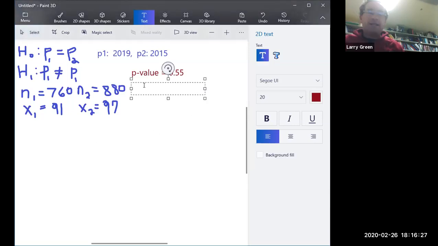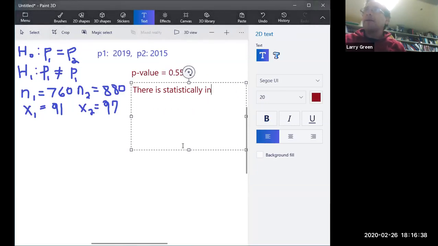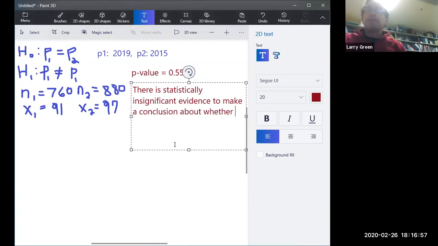So what we can do is we can say there is statistically insignificant evidence to make a conclusion about whether there is a difference in the population proportion.